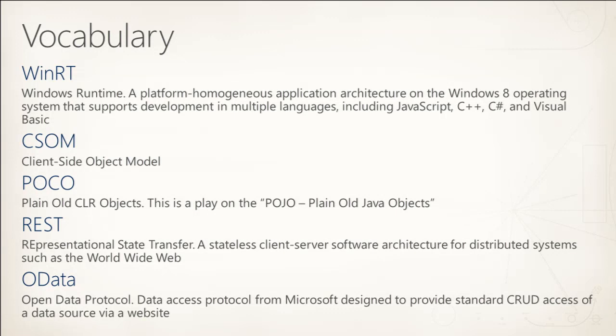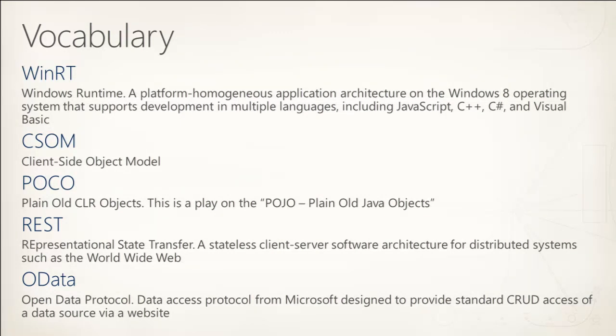POCO is a term I pulled off the internet, and that's just a play off the plain old Java object thing. It's just our objects that we're moving throughout the application. And what we do, and I'll show this in a second, is we built a wrapper around the REST API that was WinRT friendly, and we built our own object model around it.